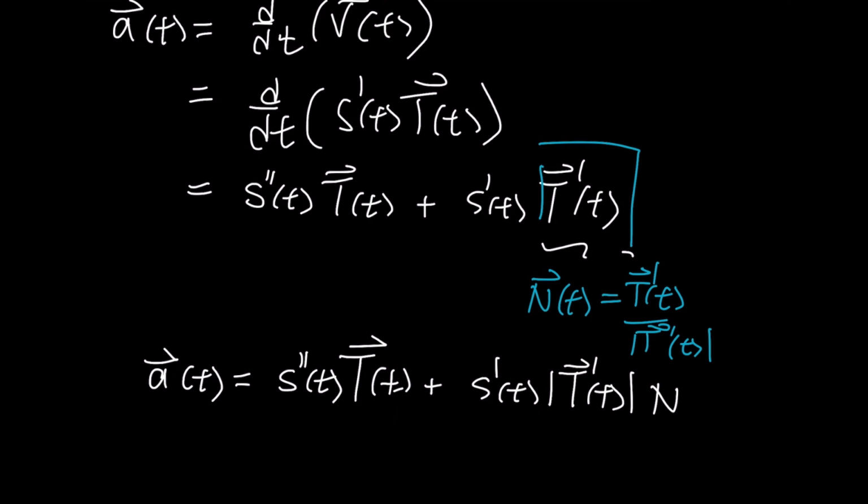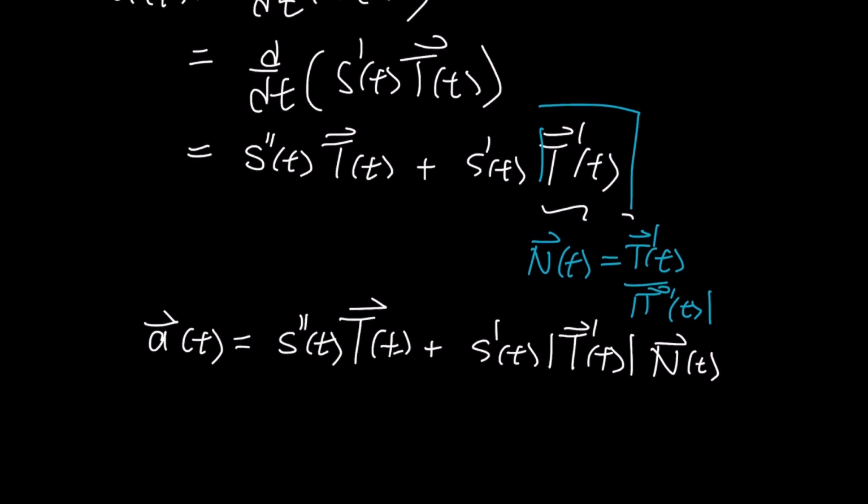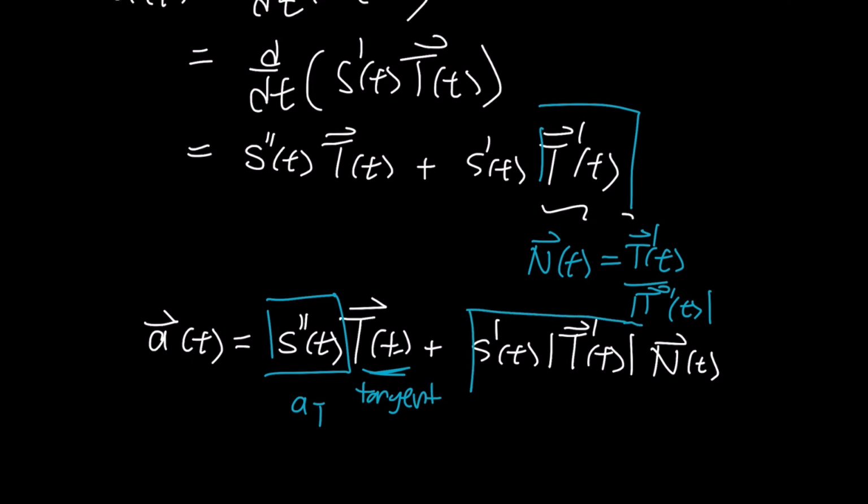So I don't want you to get too bogged down by all of this, but the point here is the following. Acceleration has some tangential component because we can see that it's going in the tangent direction, and then it's got some normal component. It's going perpendicular.